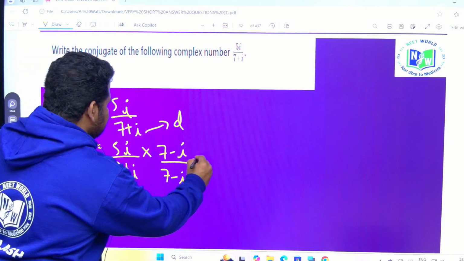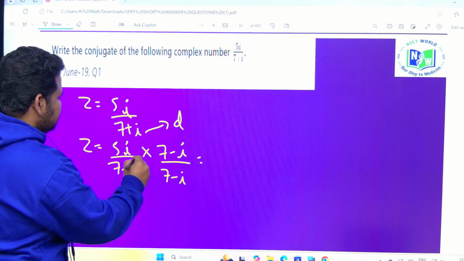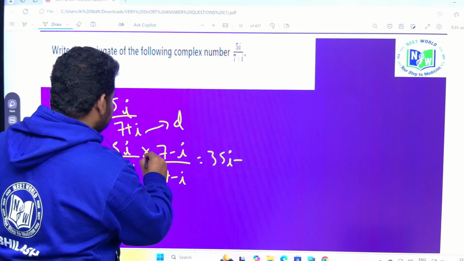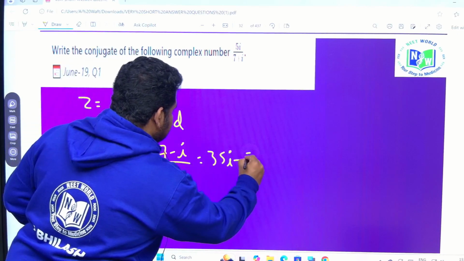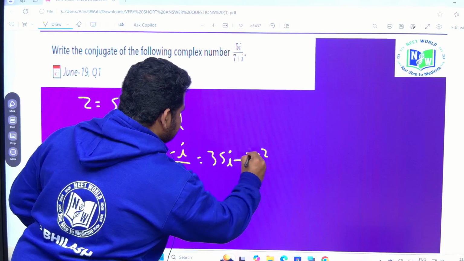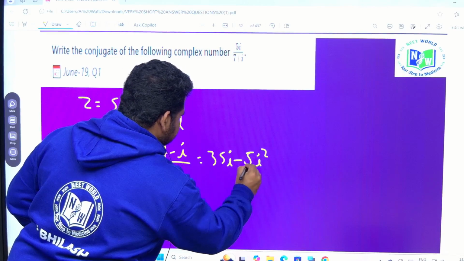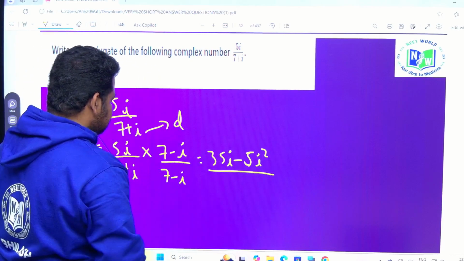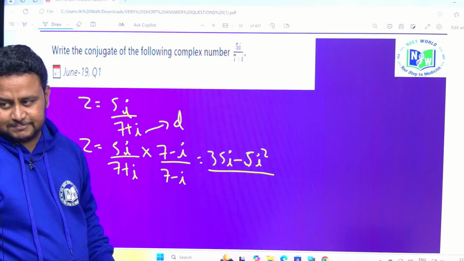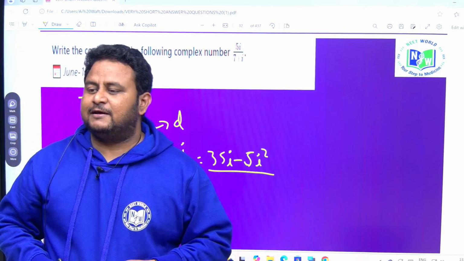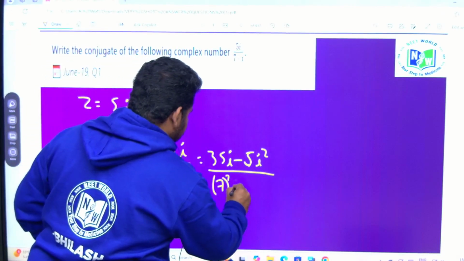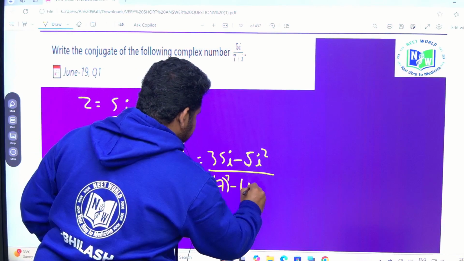So this becomes what, friends? This will become 5i into 7 is 35i, minus 5i into i is minus 5i square, divided by 7 plus i into 7 minus i, that is 7 square minus i square.